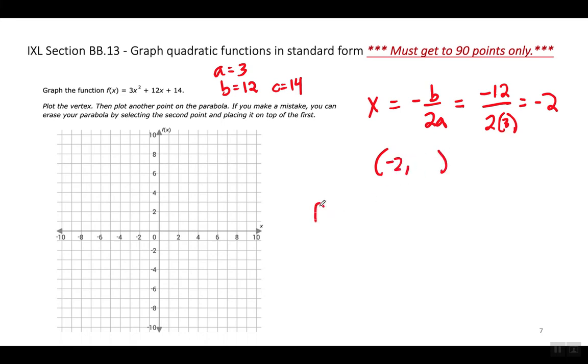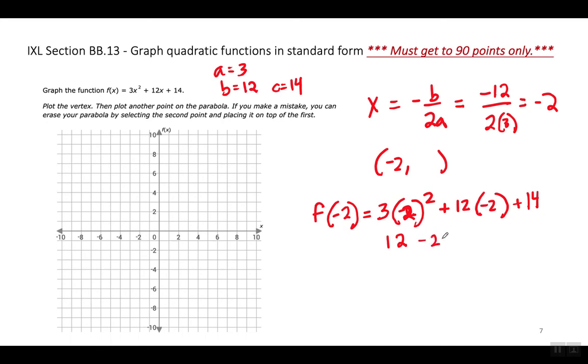Now I'm going to find the y-coordinate of the vertex by substituting negative 2 into the function. All right, so negative 2 to the second power is positive 4. 4 times 3 is 12. 12 times negative 2 is negative 24.